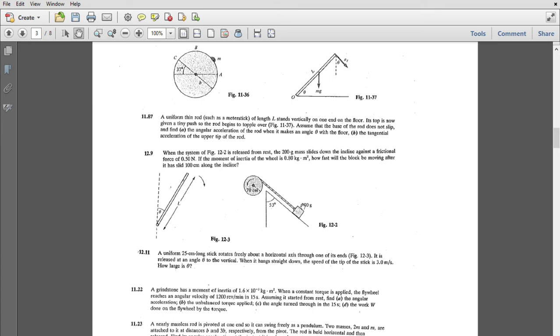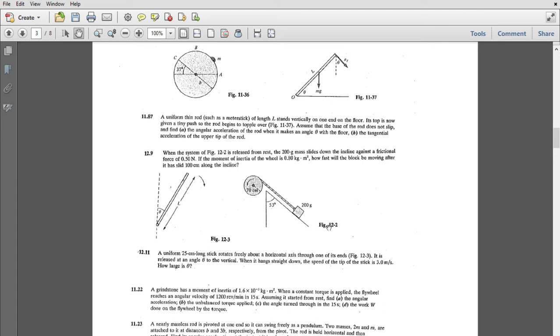So that friction, as this mass falls, does some negative work. So if we do W net by external, that's going to be minus 0.5 newtons times 1 meter, if it moves 1 meter down the plane. That's the work done by friction, that negative work, is equal to delta KE plus delta PE.